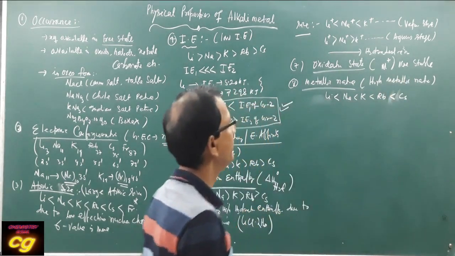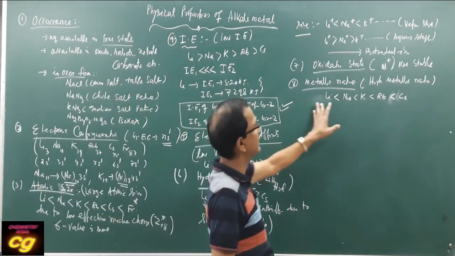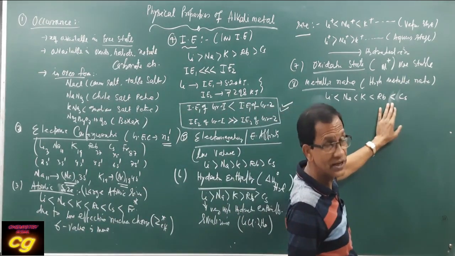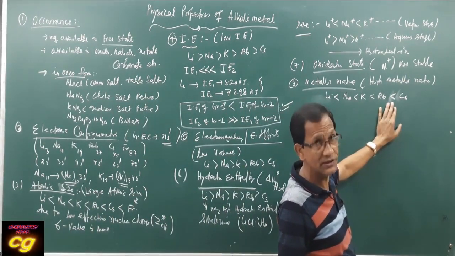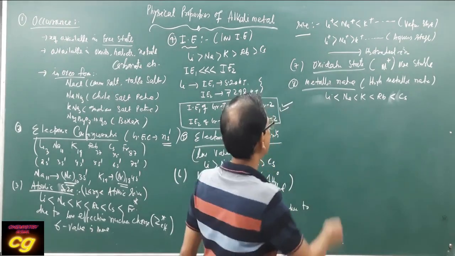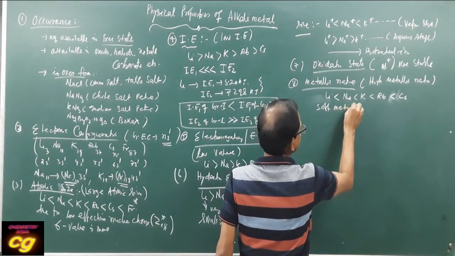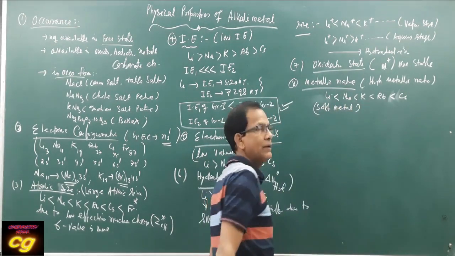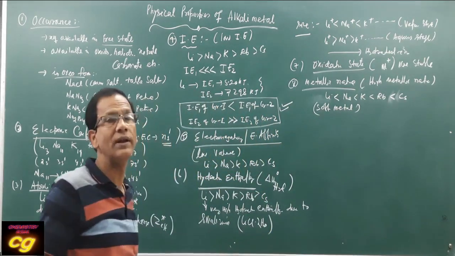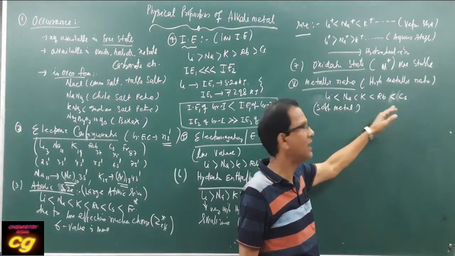This is the increasing order of metallic character. Due to increasing size, metallic character increases and the tendency to lose electrons increases. They are soft metals, and they can be cut with a knife due to their soft nature.